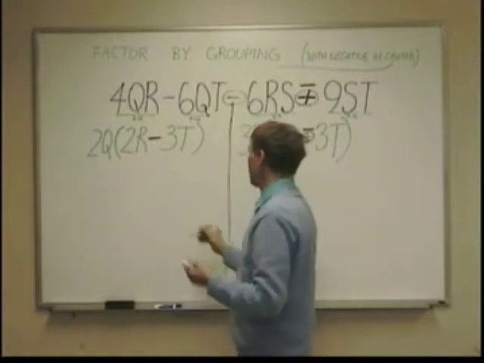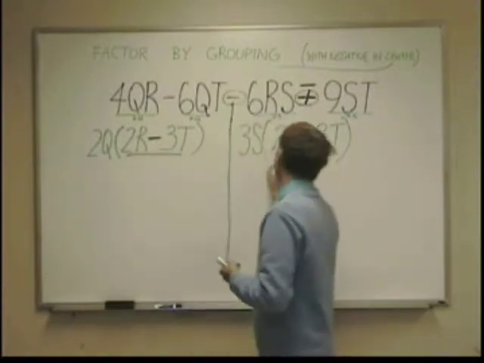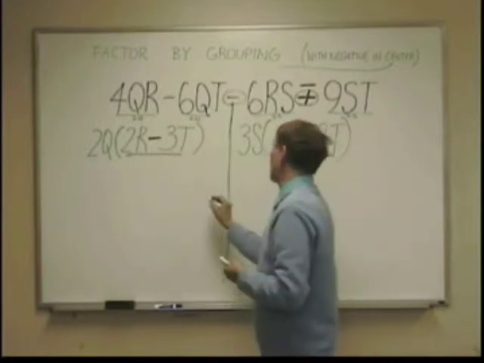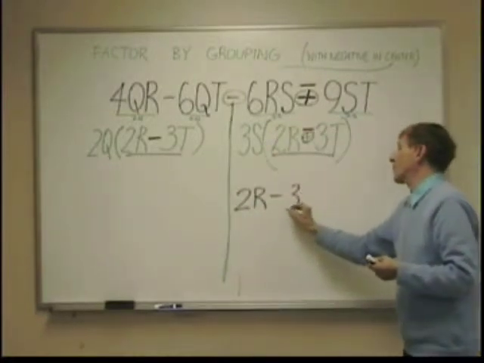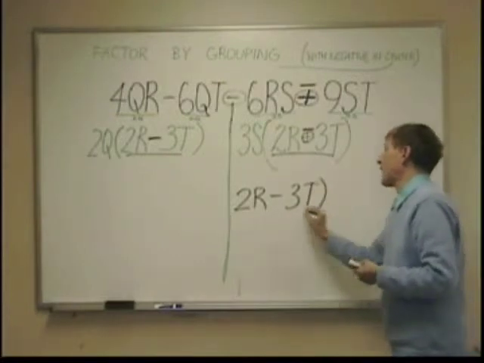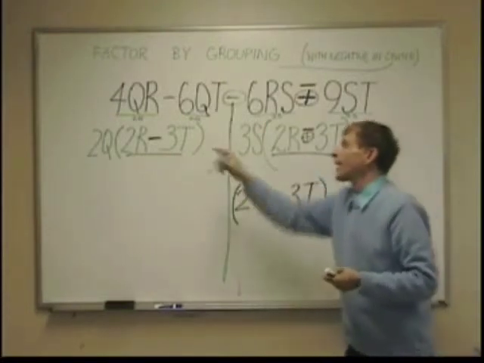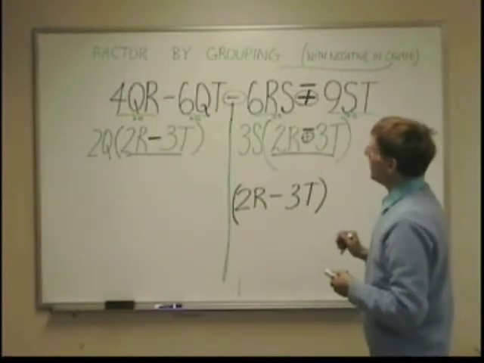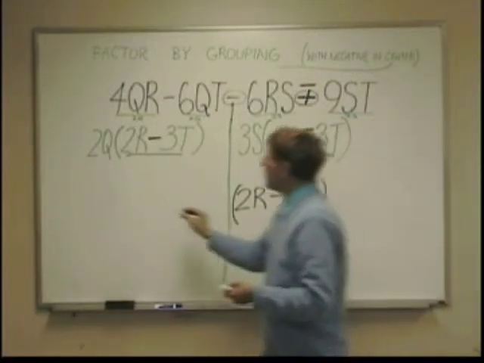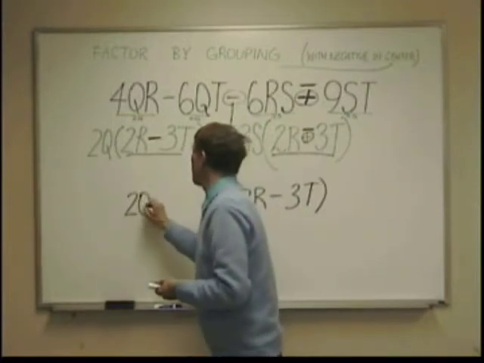So I have my factor of 2r minus 3t. 2r minus 3t is one of my factors. And remember, I got that right away. And my outer numbers are the 2q.